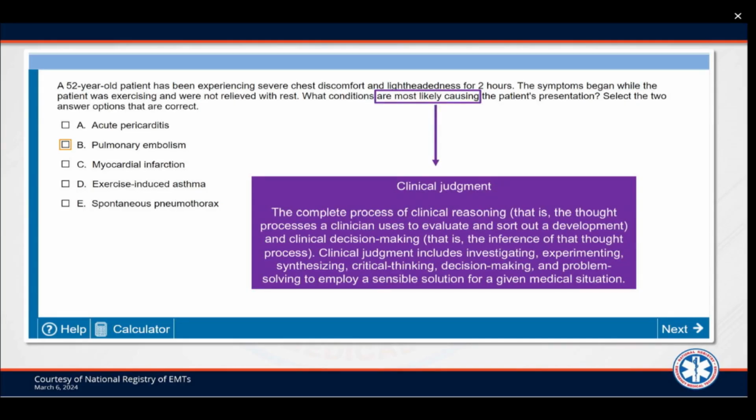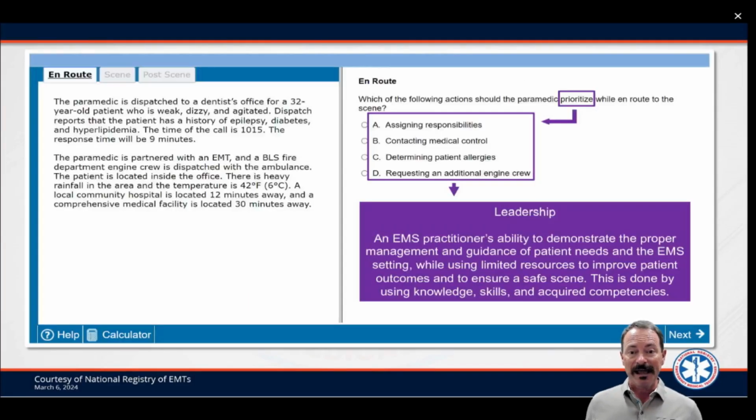That is the inference of thought and thought process. The clinical judgment includes investigating, experimenting, synthesizing, critical thinking, decision making, and problem solving to employ a sensible solution for a given medical situation. Okay, so that's it. That's what they're explaining, and that's what they're looking at.